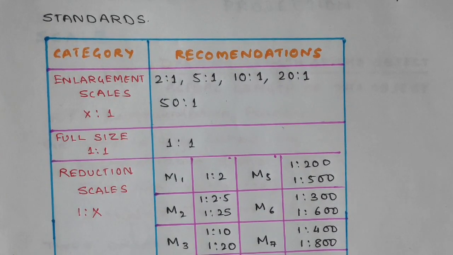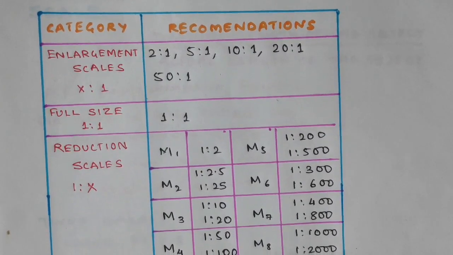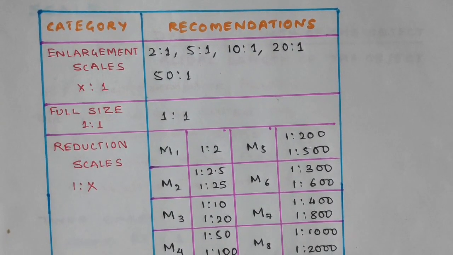The next category is full size 1:1, and the third category is reduction scales 1:x. The recommended scales for enlargement are 2:1, 5:1, 10:1, 20:1 and 50:1. The full size will remain the same, that is 1:1.